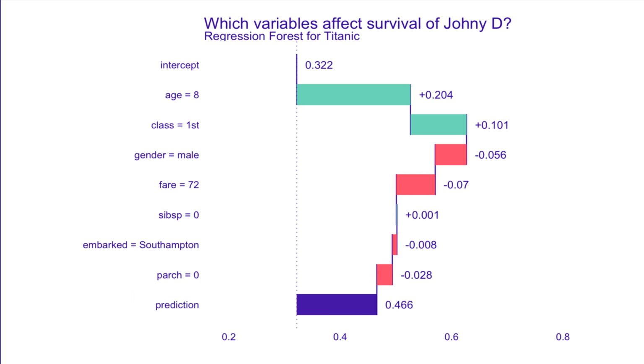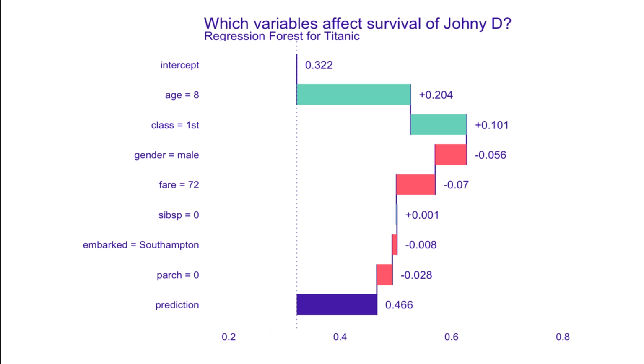The breakdown method analyzed the model and assigned to a young age, for instance age equal 8, a positive effect of 0.204, to the first class a positive effect of 0.101, and the sex a negative effect of -0.056. Effects of other variables are listed below. The effects of all variables sum up to the prediction for this person, so the sum is equal to 0.466.